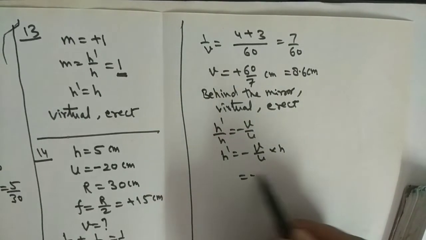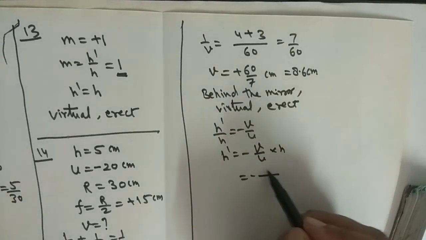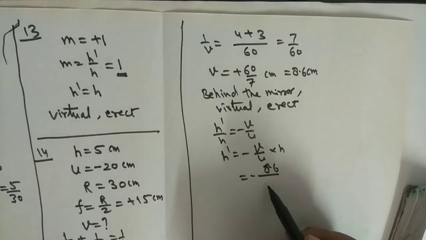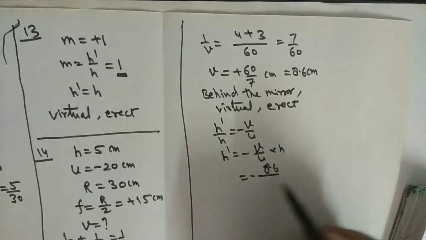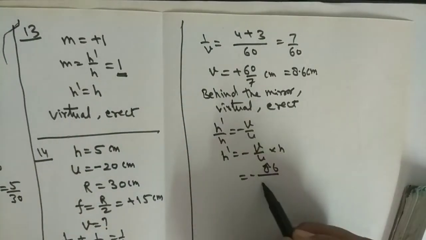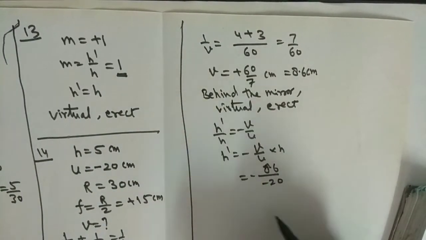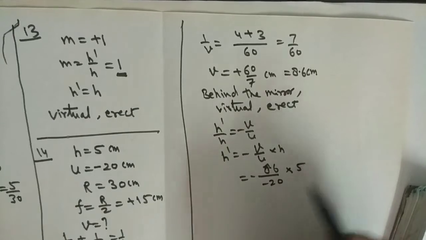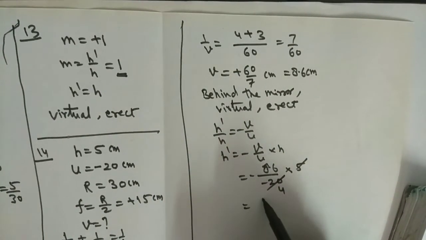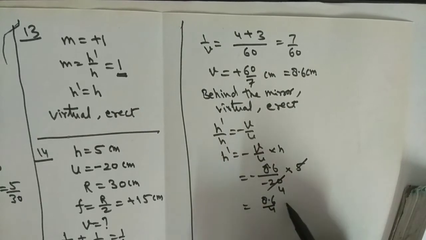So v is here 8.6, and u is already given, minus 20 centimeter, and h, the height, is given 5 centimeter.